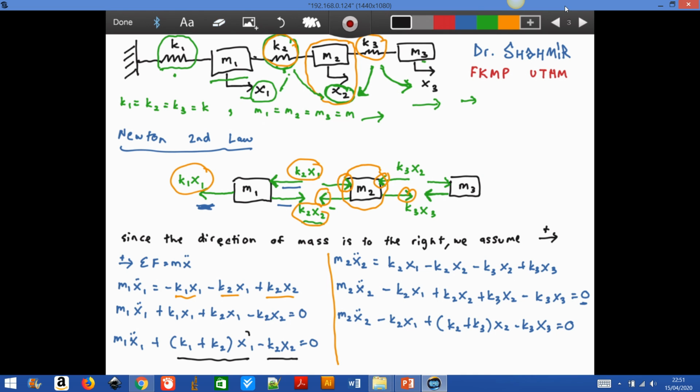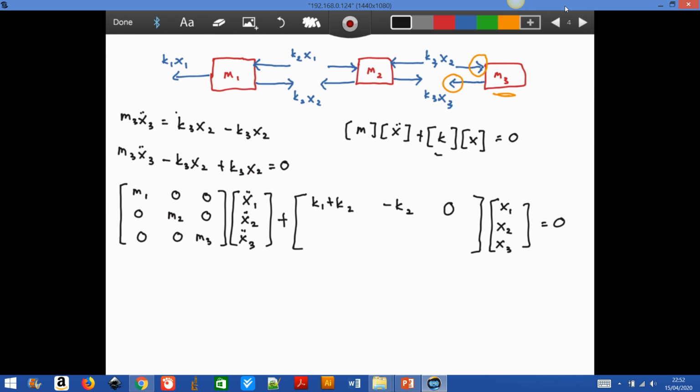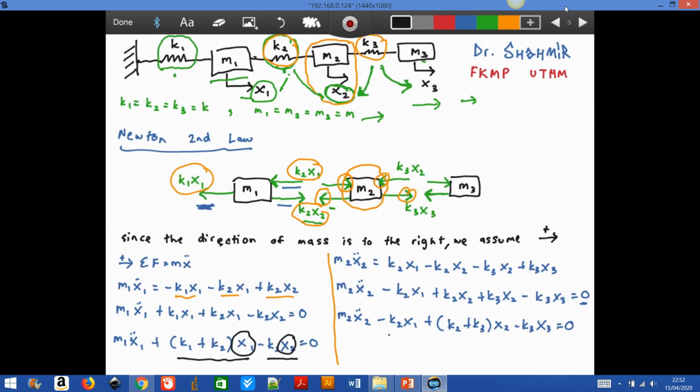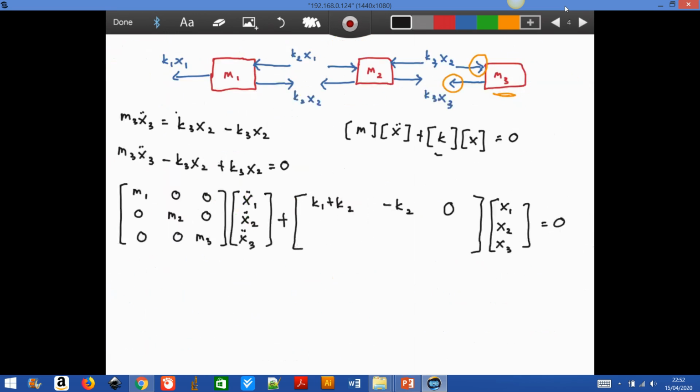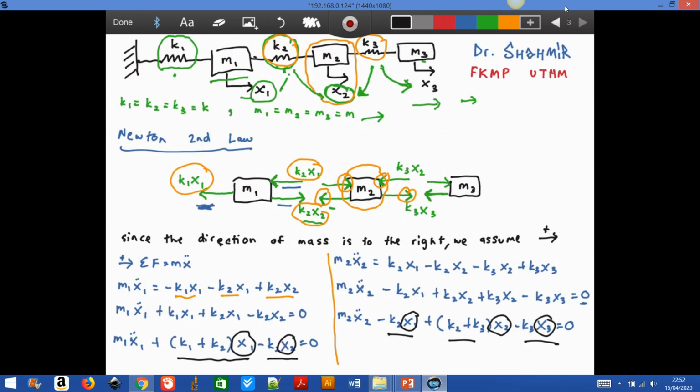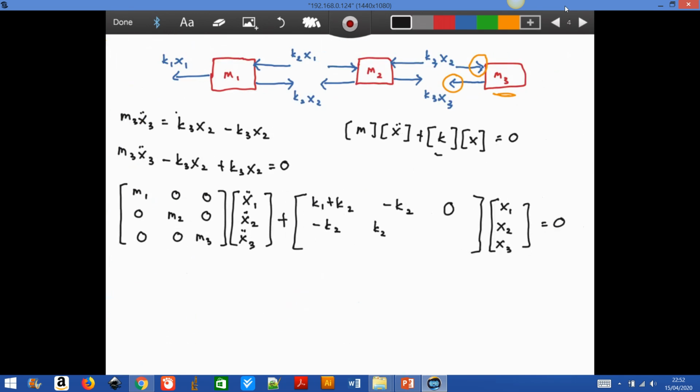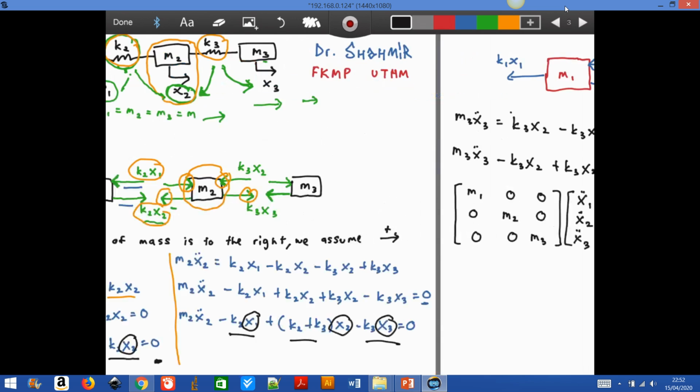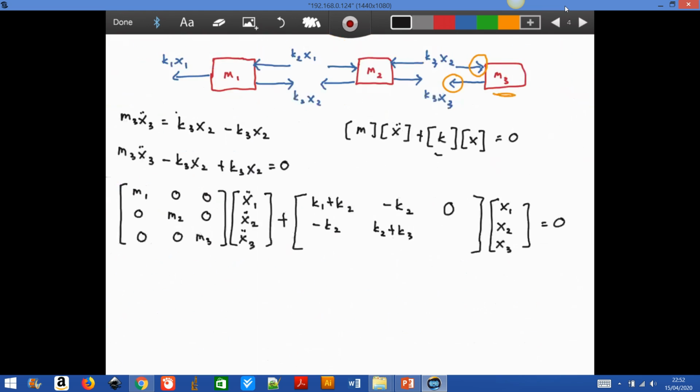Okay, we only have x1 and x2 here. For the second one, it will be minus k2, k2 plus k3, and the third one is minus k3.